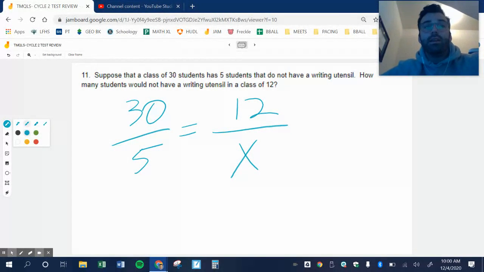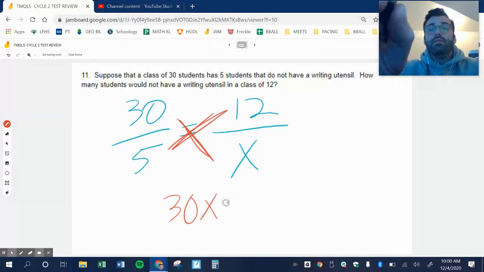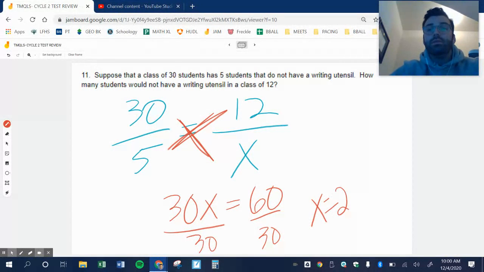Then I can cross multiply and solve. 30 times x, 30x. 5 times 12 is 60. Divide both sides by 30. X equals 2 students. That was not too bad.